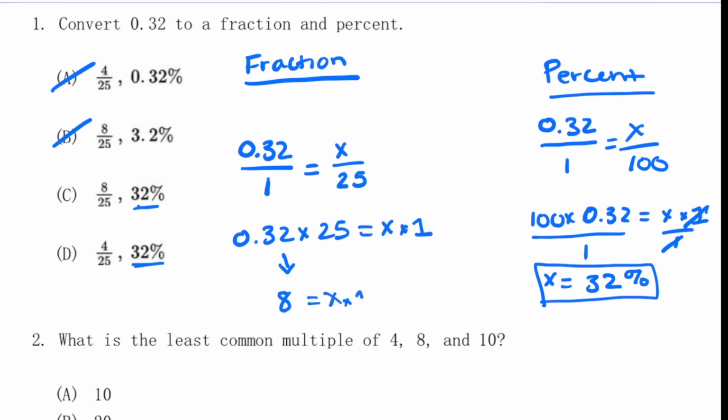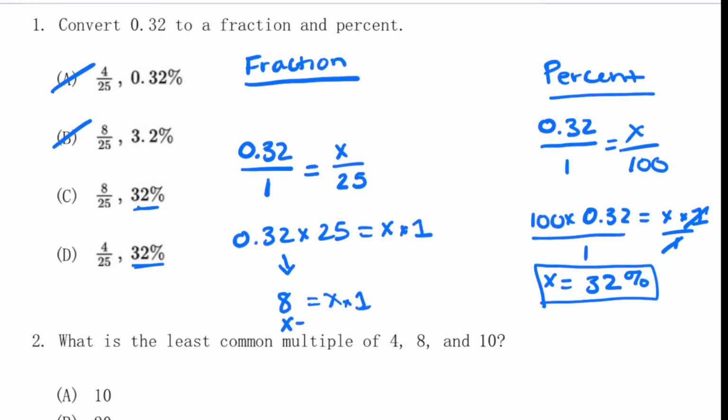So 8 equals x. So what this means is we're going to plug 8 into the x over 25 because that's what we were trying to figure out. X is what number over 25 equals 0.32 over 1, because again, anything over 1 is itself. So our answer is 8 over 25. So the answer is C.